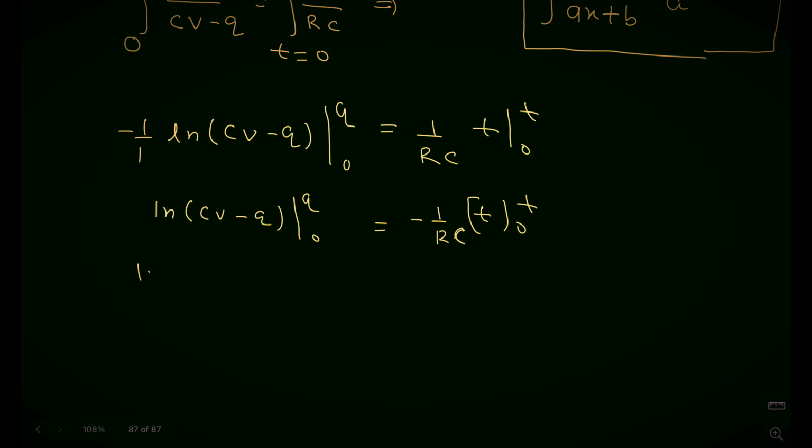Now I write ln(CB minus q) minus ln(CB) is equal to minus 1 upon RC into t. Now, log a minus log b is nothing but log a by b, so ln((CB minus q) upon CB) is equal to minus 1 upon RC into t.